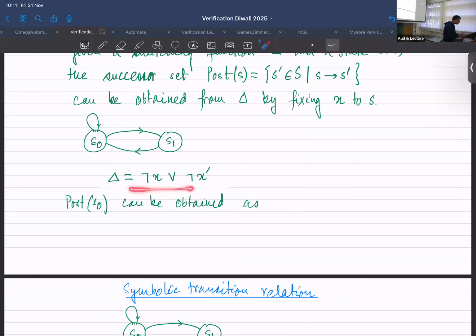Now suppose I want to compute the post of S0, right? So I will replace the x with the value of S0. Is it clear?